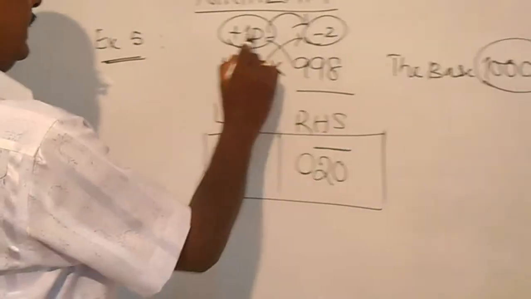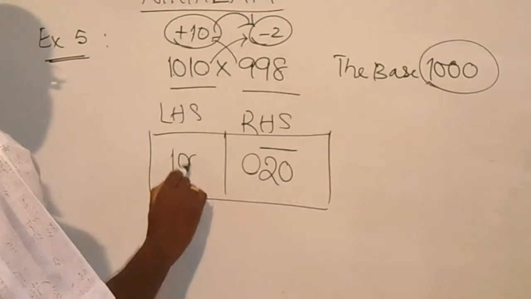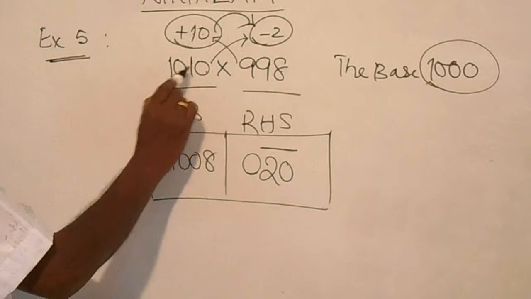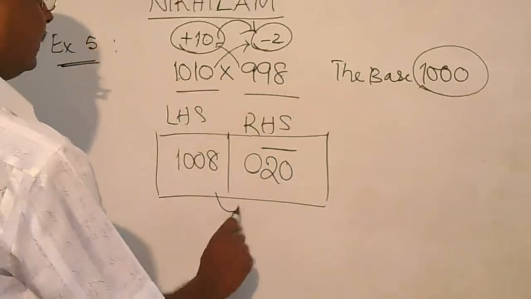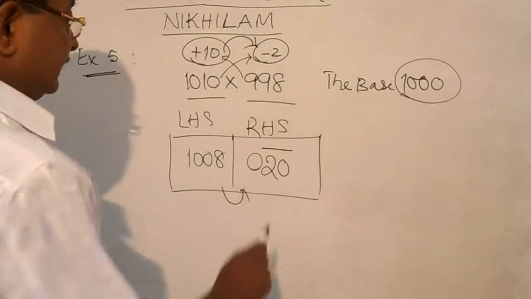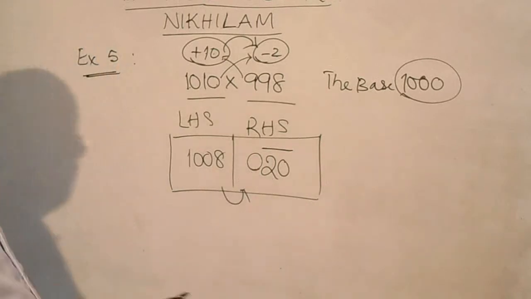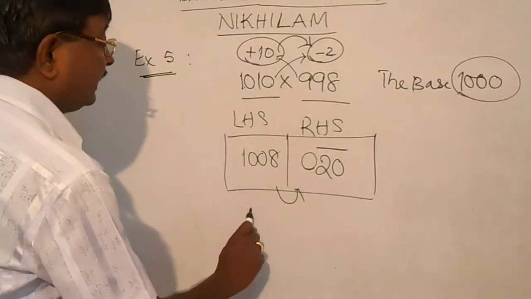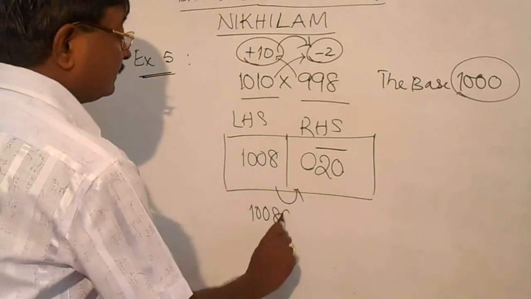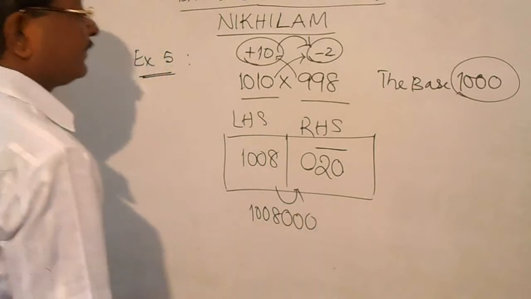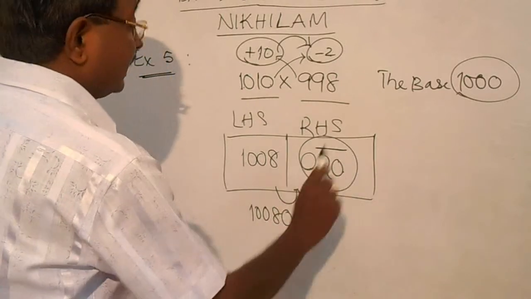998 plus 10 is 1008. 1010 minus 2 is 1008. Since my RHS has come with a negative sign, I will take 1008 and make the RHS 000, and I should subtract 20.